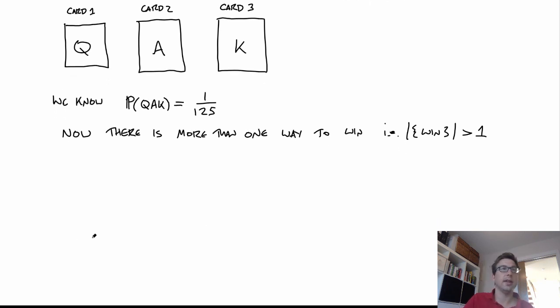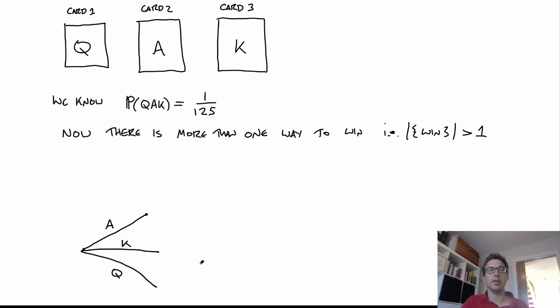Let's say we're at time 0, waiting for the dealer to deal us a card. Then we draw the 3 things that can happen. First, we could get an ace from the first card, or a king from the first card, or a queen from the first card.